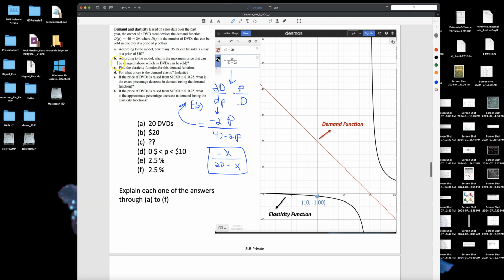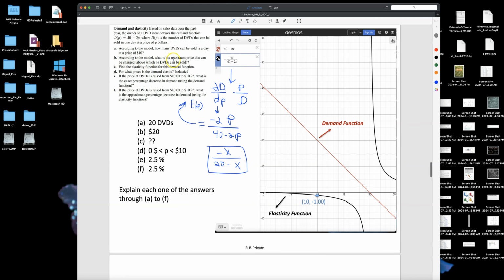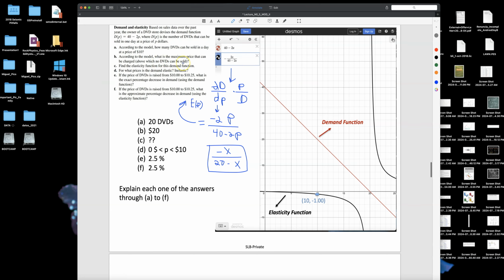According to the model, this is B. That is very important. According to the model, what is the maximum price that can be charged above which no DVDs can be sold? So what they are telling you is look at the demand function and look at what price is the maximum one that you may have, in which if you put that price in the store, there is not going to be any demand.